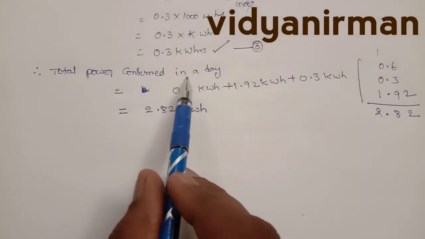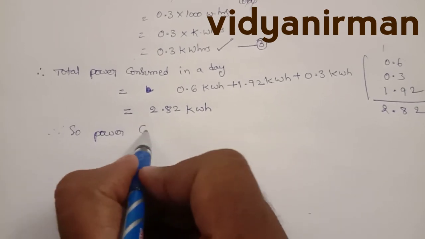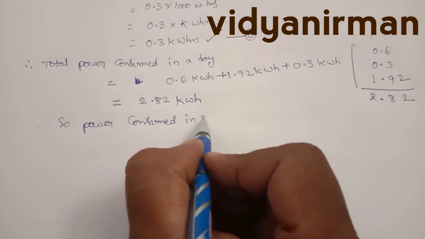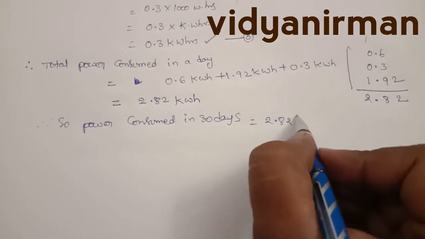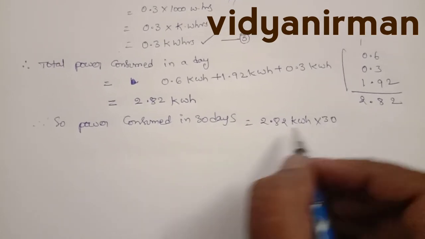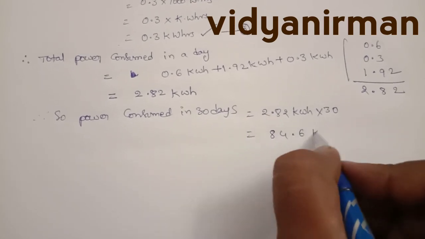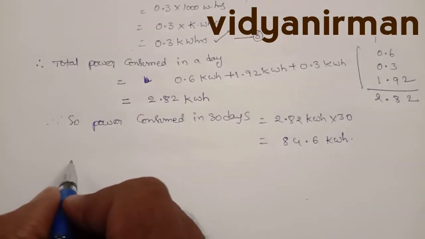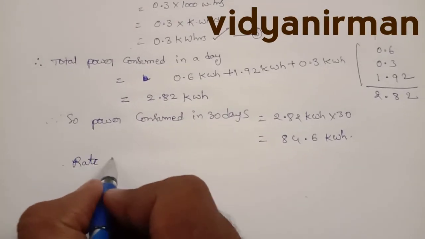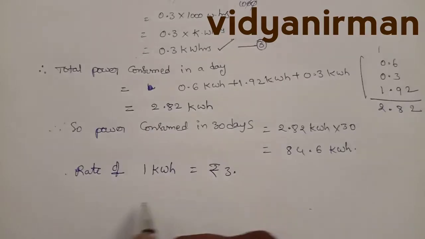The total power consumed in 1 month, that means 30 days, is 2.82 into 30. Its value becomes 84.6 kilowatt hours, the total power consumed by all the devices in 30 days.